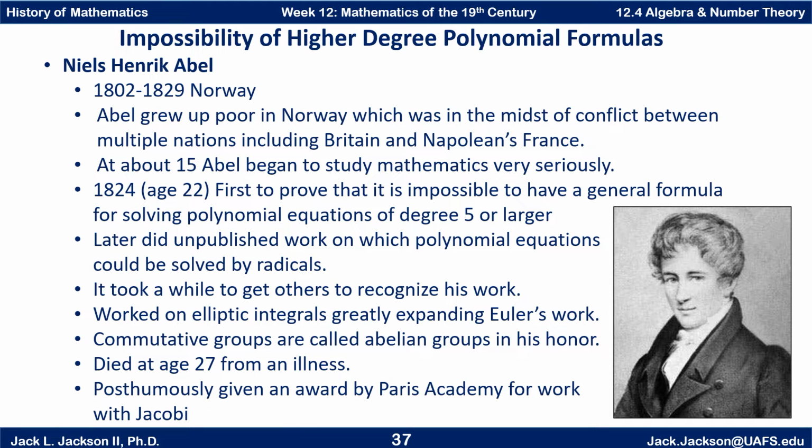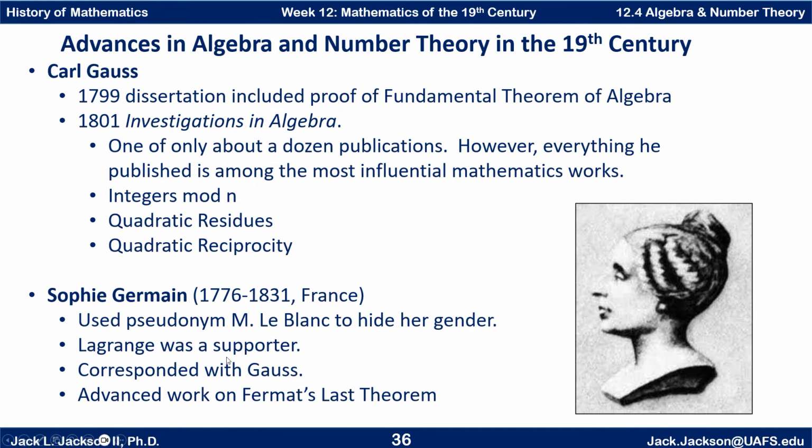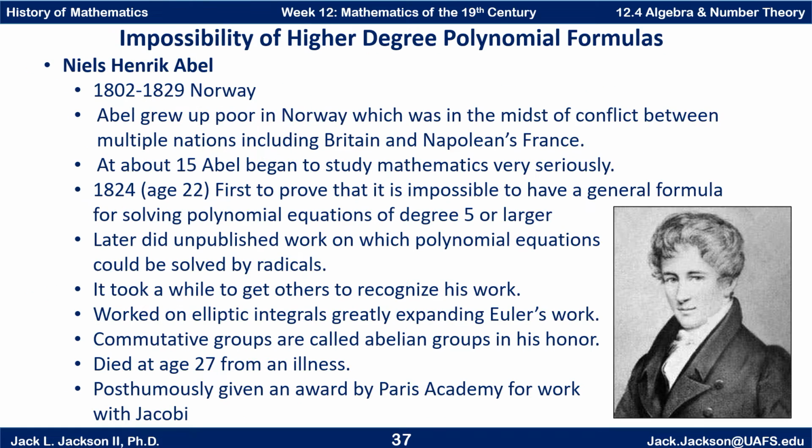Next, I want to bring forward a couple of people here. As I pointed out, a lot of these folks who became very famous mathematicians in this time period didn't necessarily live long lives. Some of them did, but I want to bring up two mathematicians now that lived very short lives but made very big impacts in mathematics.